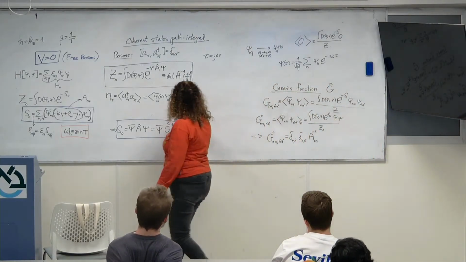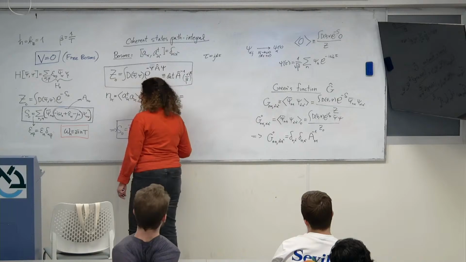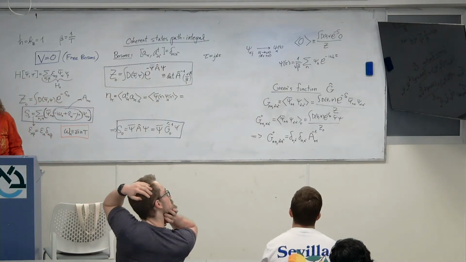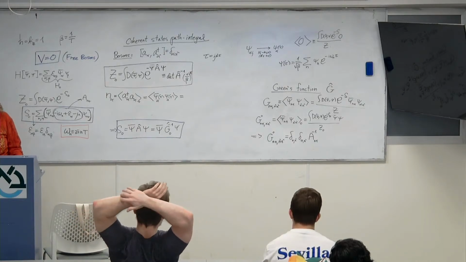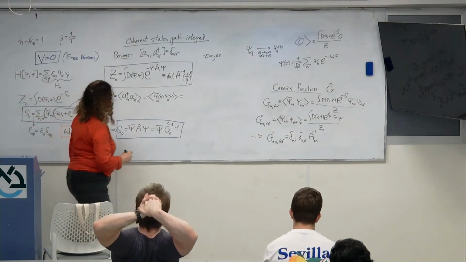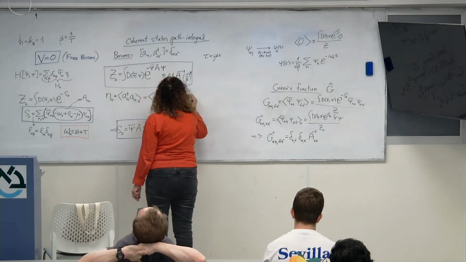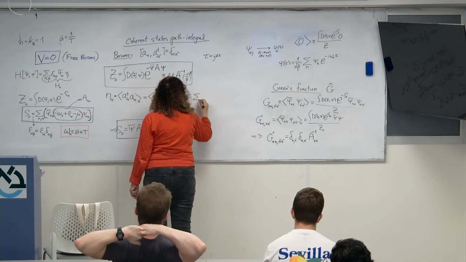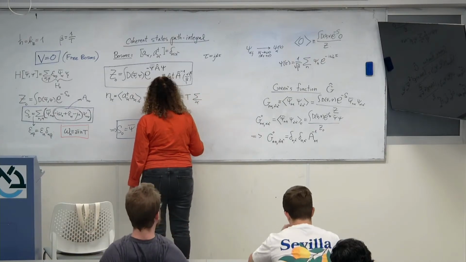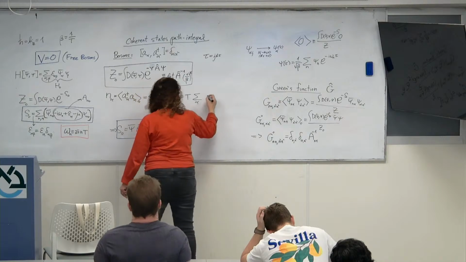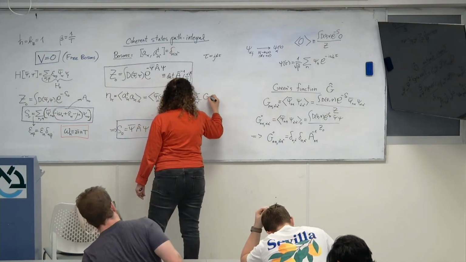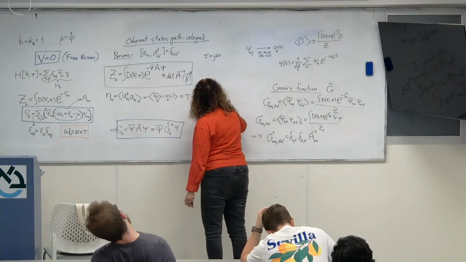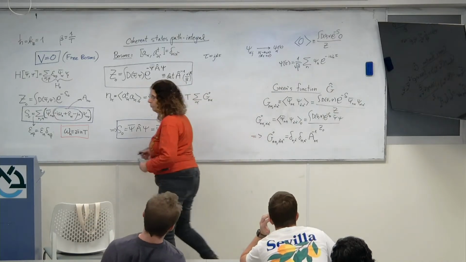You can easily convince yourself that this will result just in T times the sum over n of G naught n alpha.